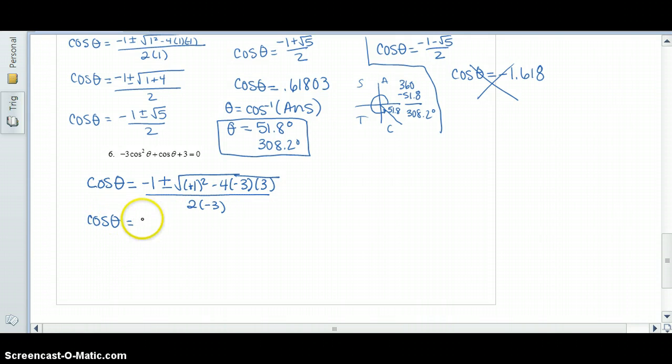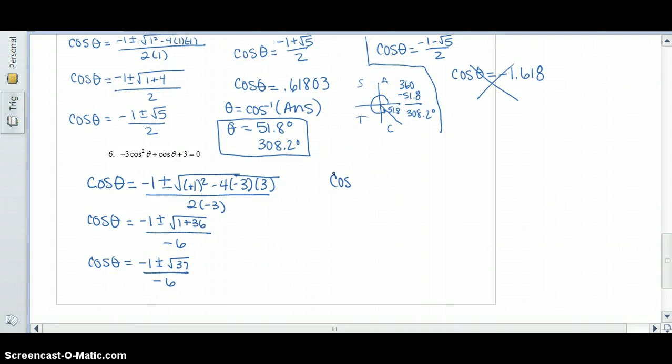So cosine theta is equal to -1 plus or minus the square root of 1 plus 4 times 3 is 12, times 3 more is 36, over -6. So cosine theta is equal to -1 plus or minus the square root of 37 over -6.